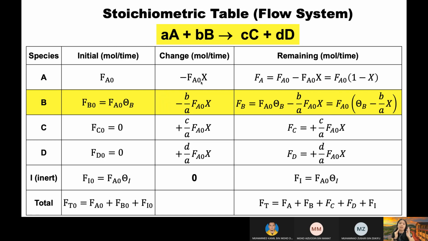Okay, so for example, I give an example, FA0, let's say you pump in, the initial molar flow rate is 10 mol per minute. Okay, so initially you prepare 10 mol per minute of A. So after it has reacted, how much has reacted? It will be minus 10 times conversion X. So let's say your conversion is 40%. Say 40% conversion means 40% of FA0 has turned into product.